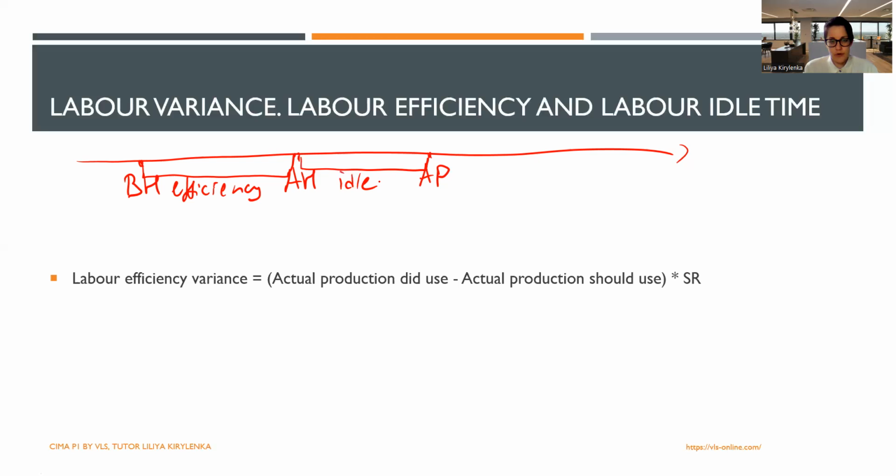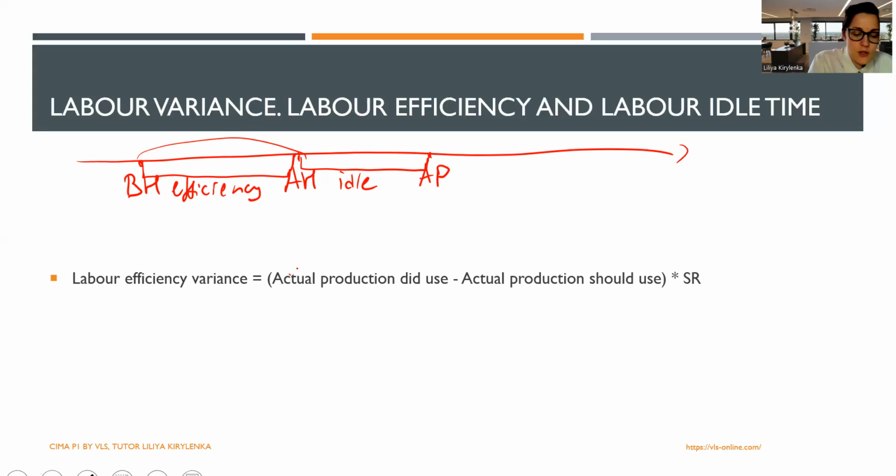Labor efficiency variance: the first part is how many hours the actual production did use. Actual production means the actual quantity of units that we produced. We subtract how many hours this actual production should use, and we multiply that by the standard rate.